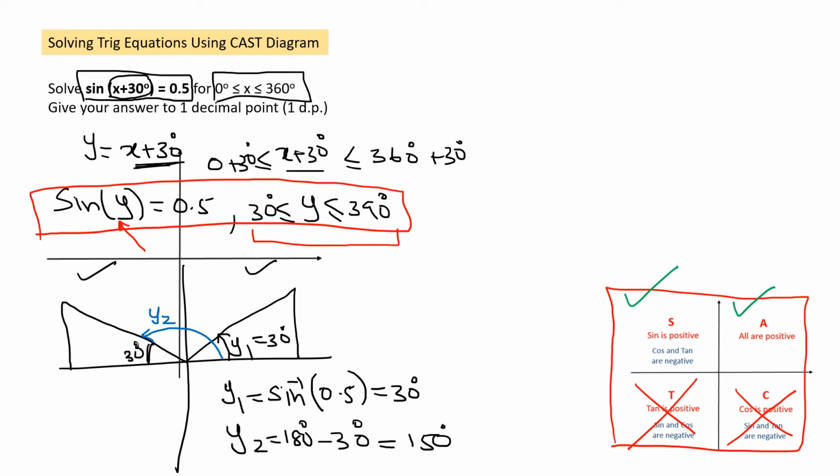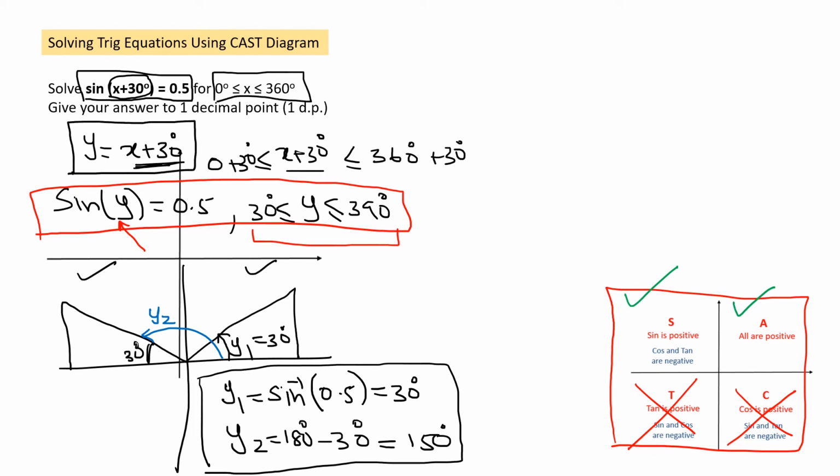Have we finished this question? No. What we found is the answer to y. Who introduced y? We introduced this y here. So we need to get back the x values. X is y minus 30, because we said y is x plus 30.